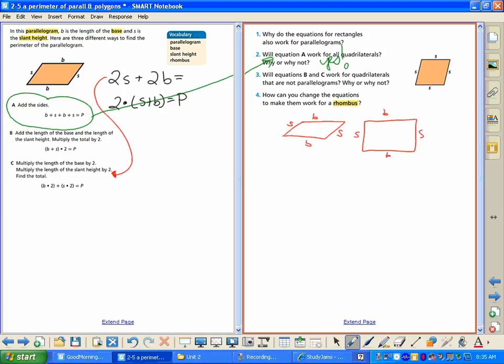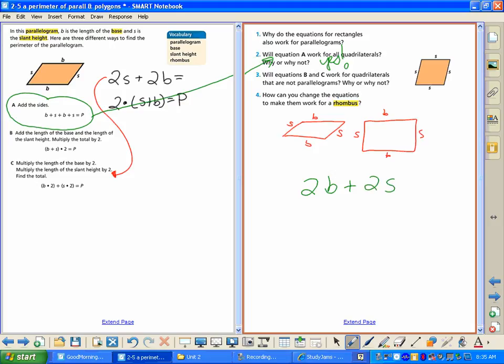Will equations B and C work for all quadrilaterals that are not parallelograms? Could they? Could it work for a rectangle? Could you do 2 bases plus 2 sides for this?